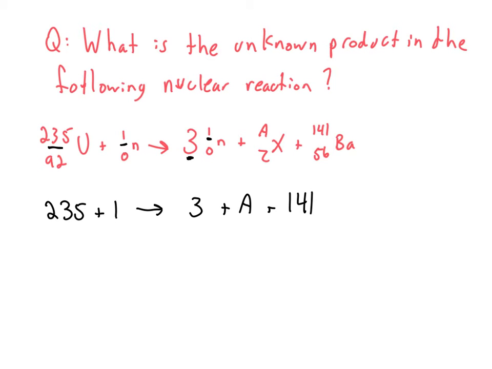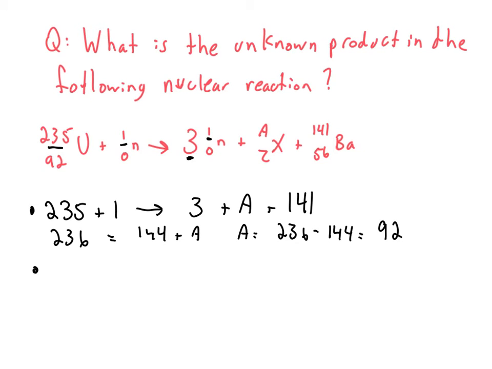We'll do this one first. So we're going to land up with 236 on this side equal to 144 plus A on this side. So that means that A is going to equal 236 minus 144, which will equal 92. So that's our mass number.